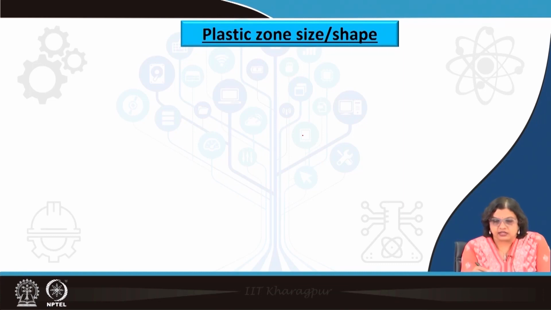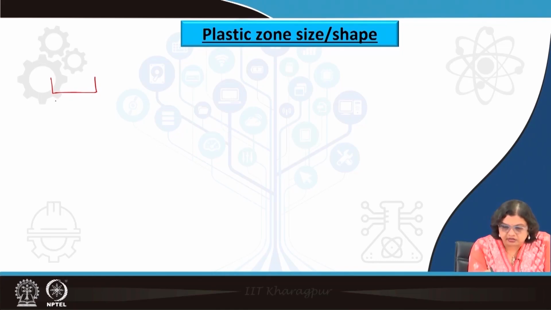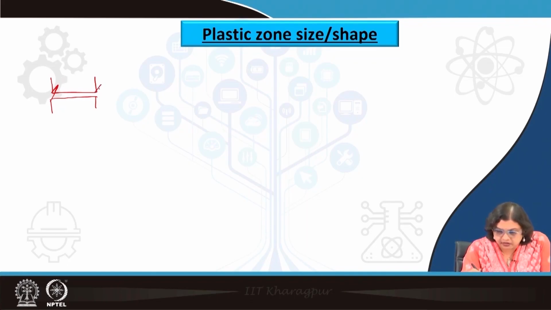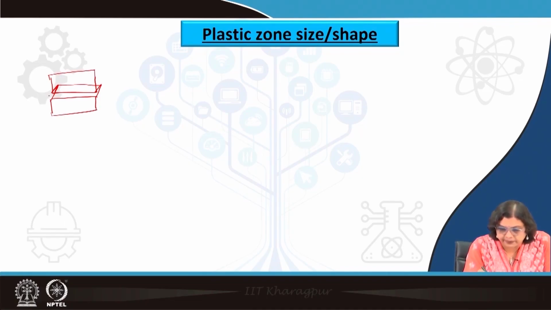So, let us say we have a component something like this, in which there is a crack. Okay. So, this is a through the thickness crack, or rather a surface crack over the entire width, and this is the component.